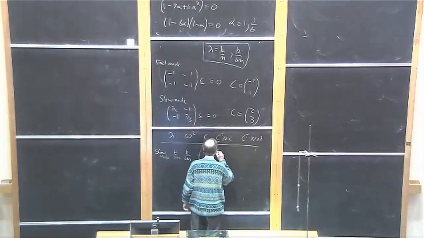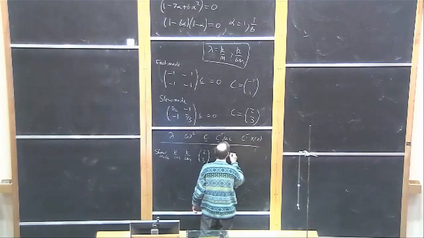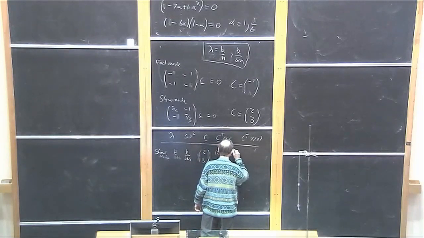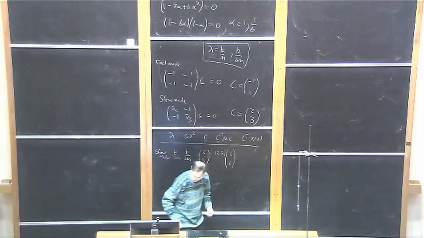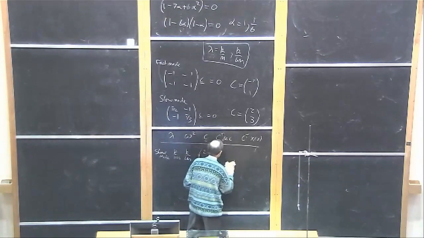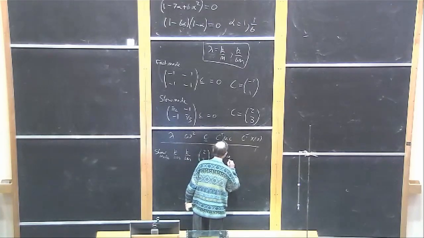It's 2, 3 times 3 times 2, 6, 6, which is 12 plus 18, which is 30n.